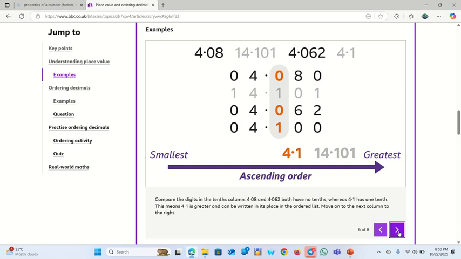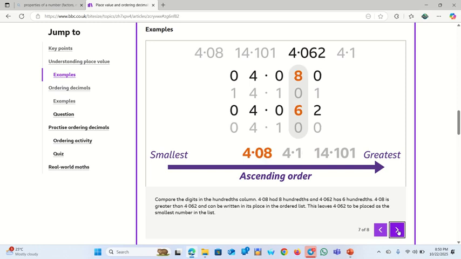Are you still following? We are moving to the right, and now 4.1 is the next. We move again, and you see that 8 is bigger than 6, so the next is 4.08.